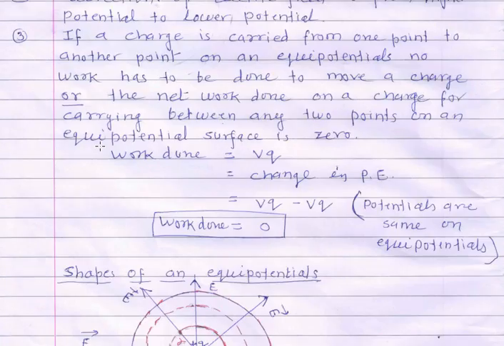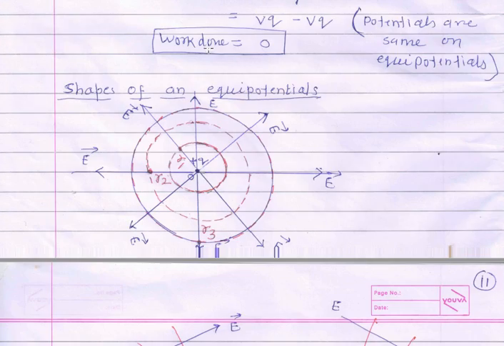Now see in this diagram, this is the direction of the electric field intensity, which is perpendicular to the surface, and here is the potential. For this radius r2, this is the equipotential surface, right? The electric field intensity is always perpendicular.